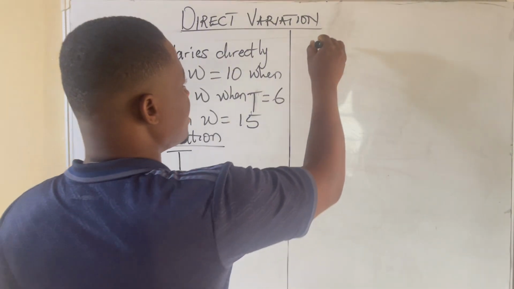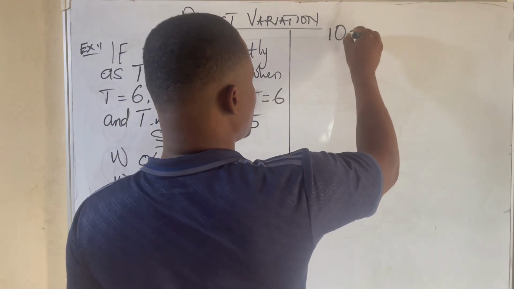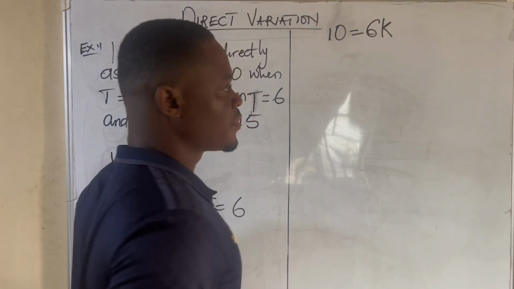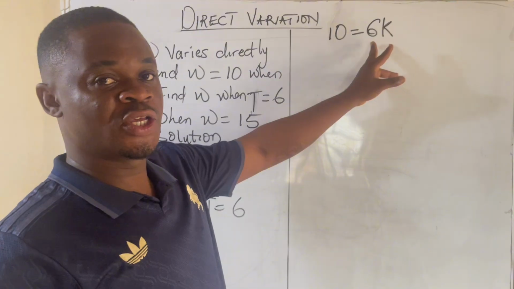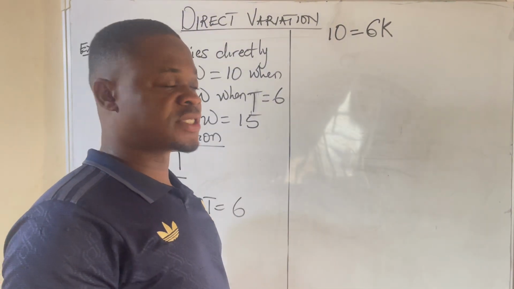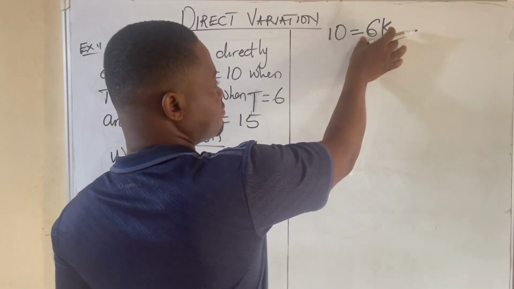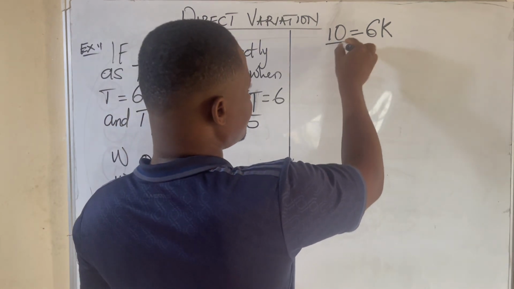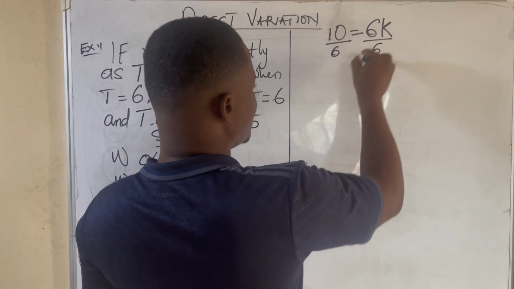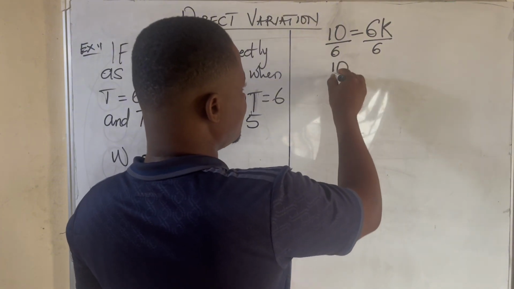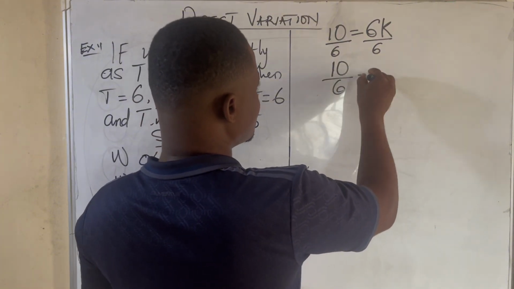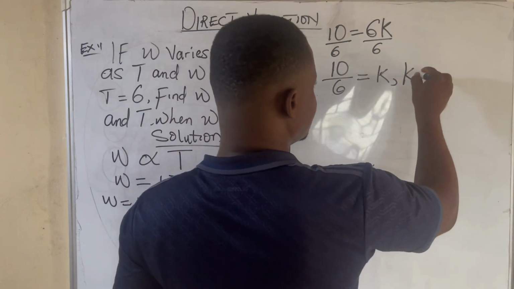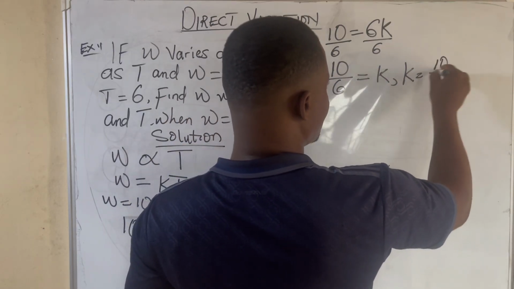So we have that 10 is equal to 6K. With this, we can get the value of K by dividing both sides by the coefficient of K. If we divide both sides by 6, we will have that 10 over 6 is equal to K. We can equally write this as K is equal to 10 over 6.